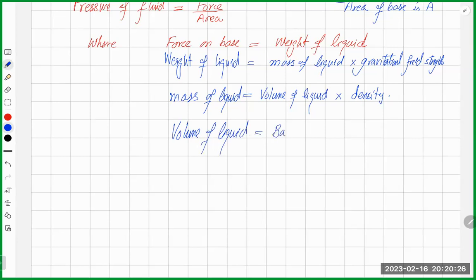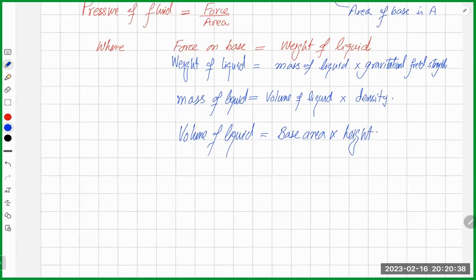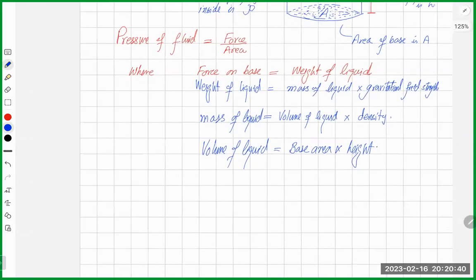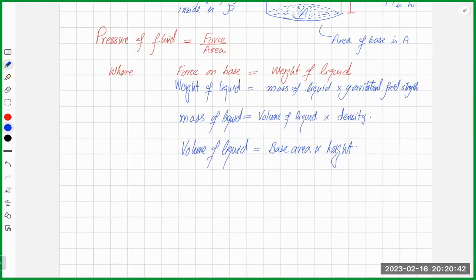Mass of liquid divided by density? No, base area multiplied by height. Oh, okay. I thought we had to rearrange formulas. So now we will go back and keep inserting things into one another.